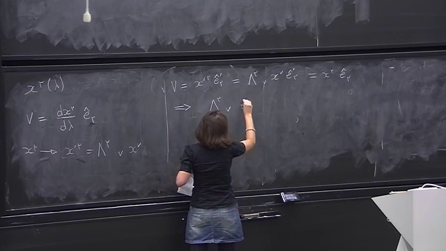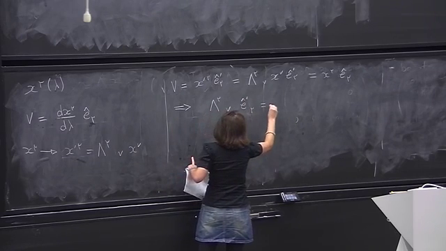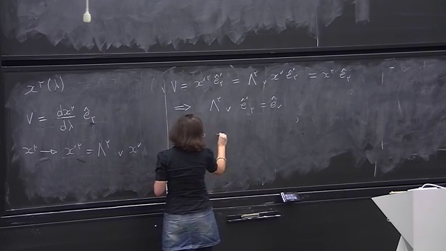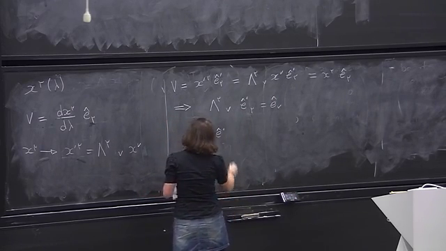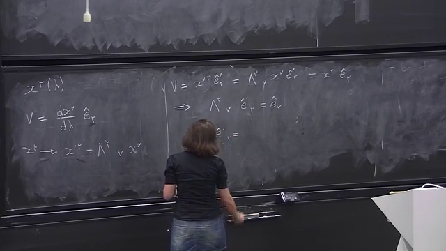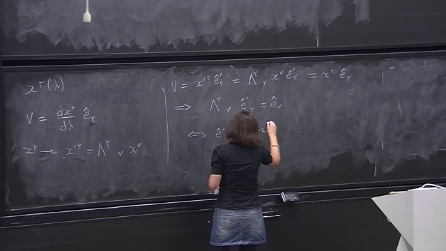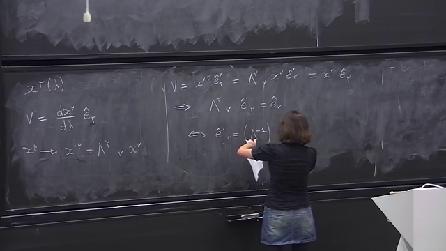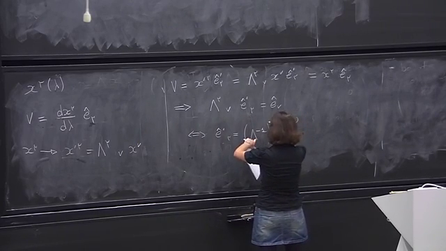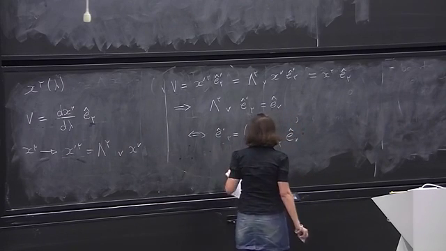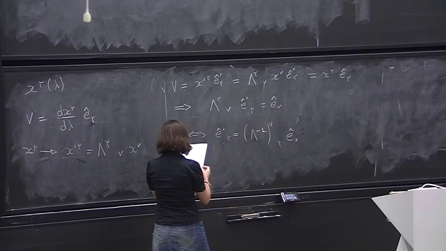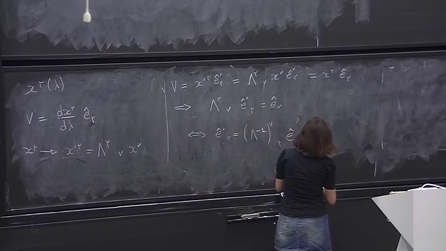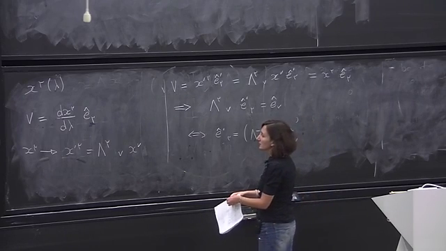Lambda^mu_nu e'_nu should be equal to e_mu, or e'_nu should be equal to the inverse Lorentz matrix multiplying this basis. And now let's calculate the inverse of a Lorentz matrix.